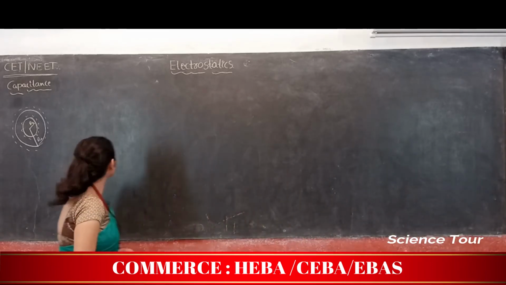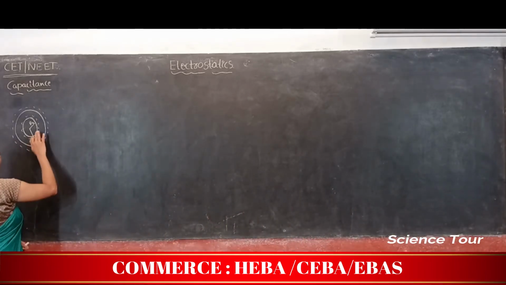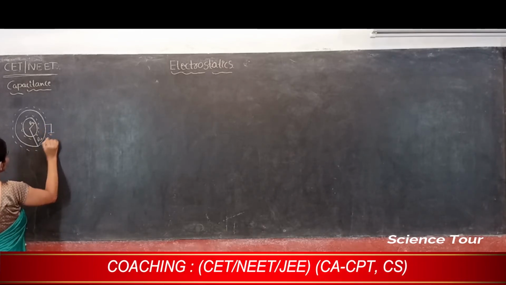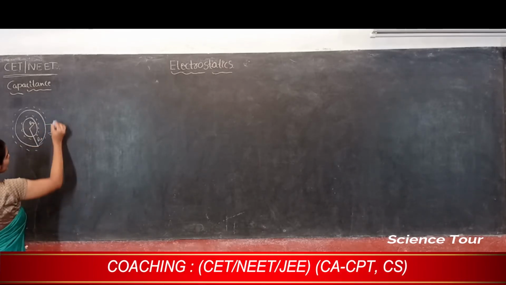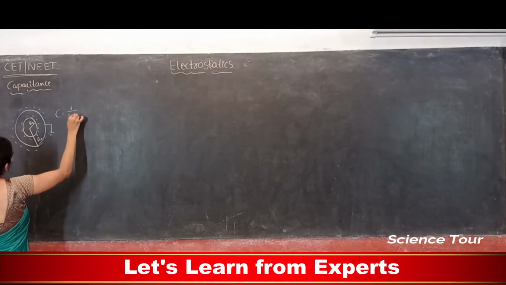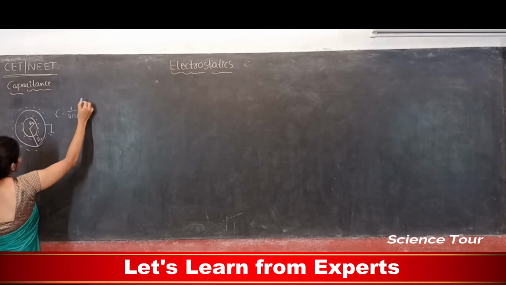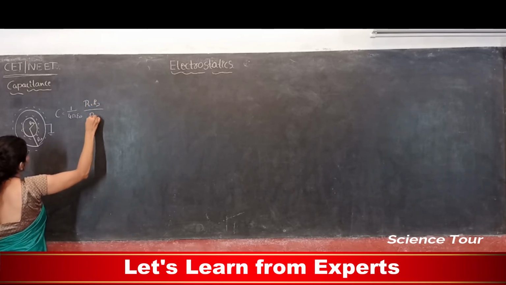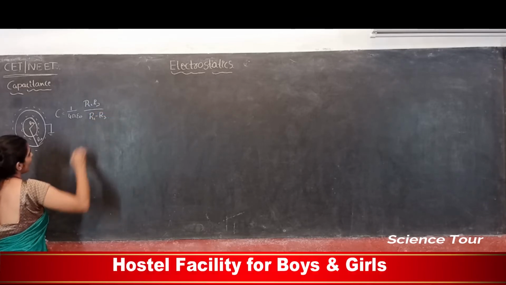So if this is charged and the outer one is grounded, then the capacitance will be 4 pi epsilon naught R1 into R2 divided by R1 minus R2.